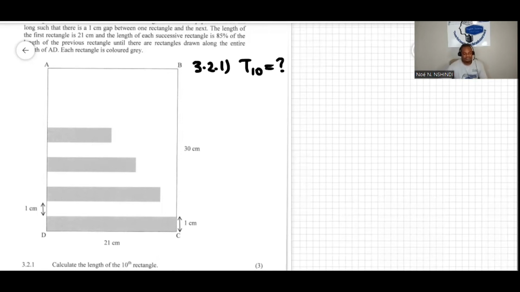If you look at this question, the width of the rectangle is 1 centimeter. And then they said there is a 1 centimeter gap between the gray rectangles.